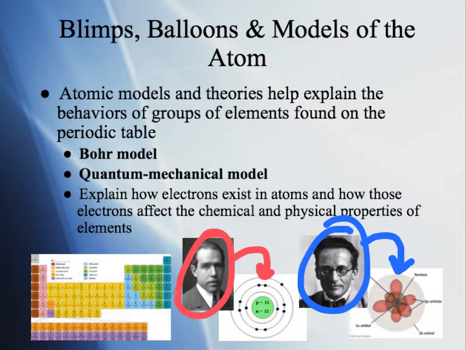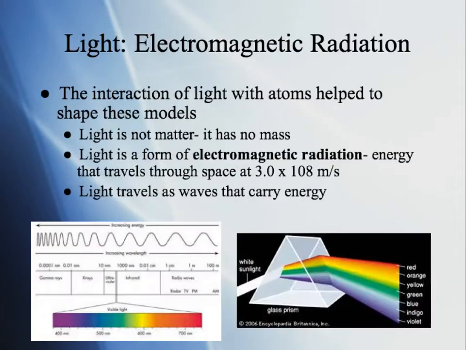And both basically are models of electron organization. And so we're going to see how the electron is basically the part of the atom that's going to either make the atom inert like helium or very reactive like hydrogen. All right, so before we talk about electrons, we have to talk about light, okay?